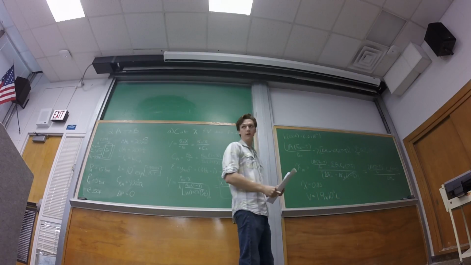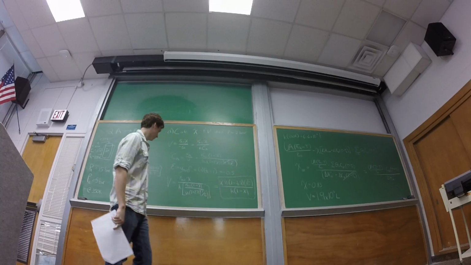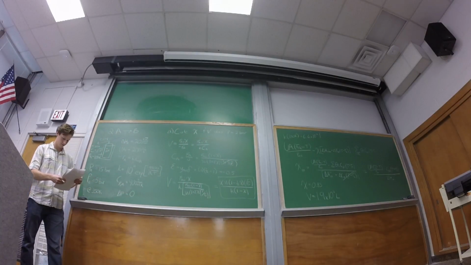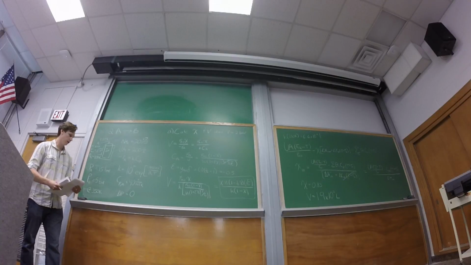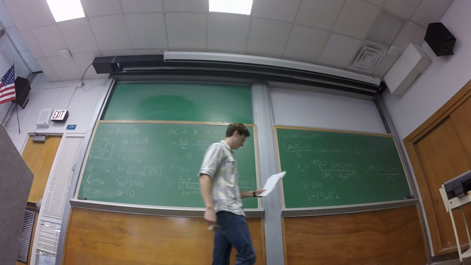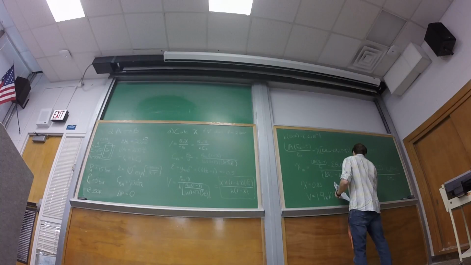Quick question. What's the value of your V naught? Oh, right. Yeah, I forgot that with the calculation. So you can find your V naught from the ideal gas law.